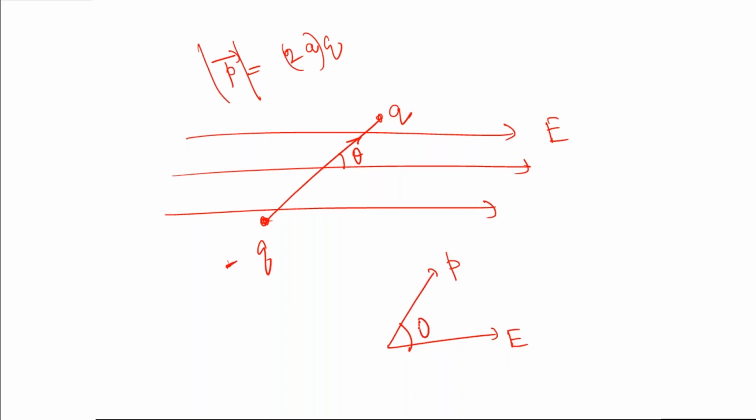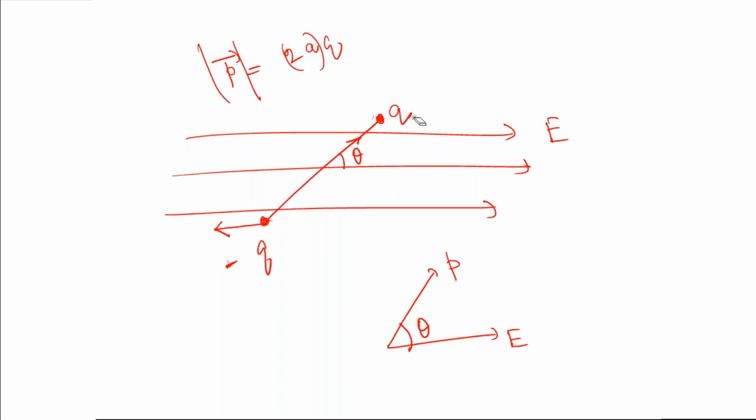So when you have two different kinds of charges, look at the electric field. The force experienced by the positive charge due to this electric field will be in this direction, and the negative charge will experience a force in this direction. Eventually these two forces will be equal, but they are not acting through the same line.